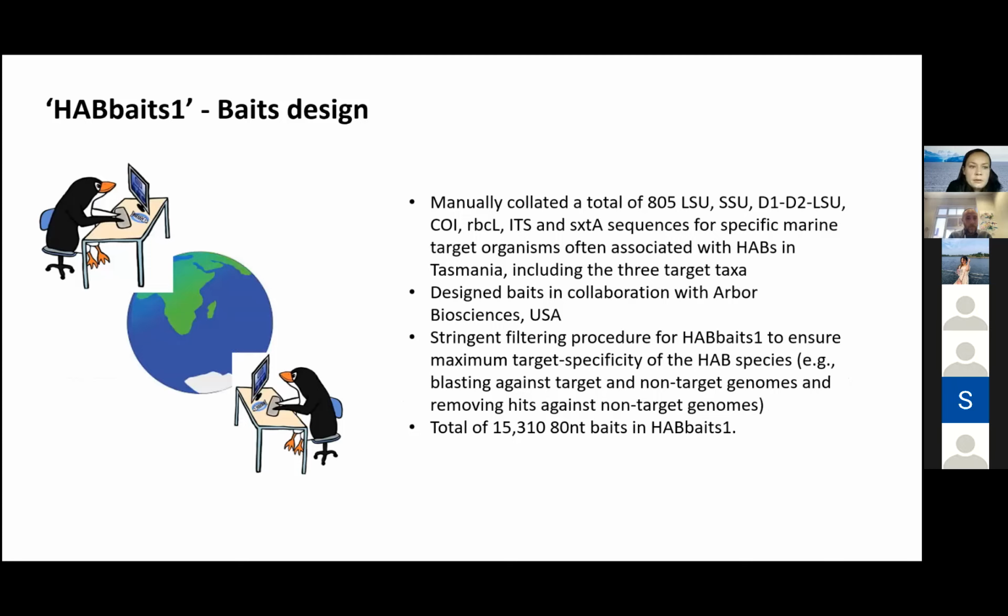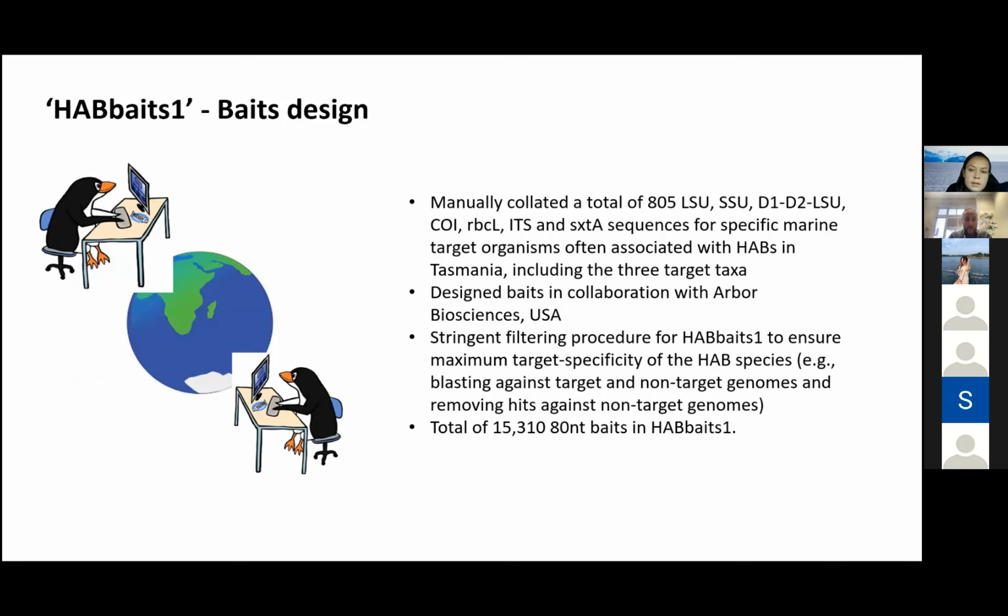So I thought I'd describe a bit about how we developed this bait set. I manually collected lots of different sequences that I could find of these 3 dinoflagellates online. These included lots of different genes and gene regions.